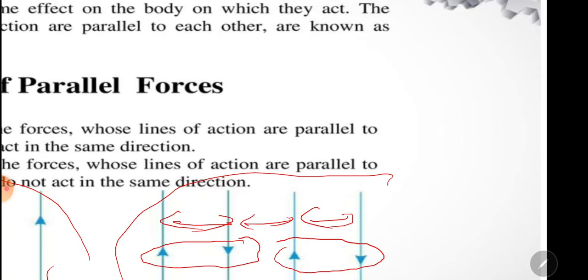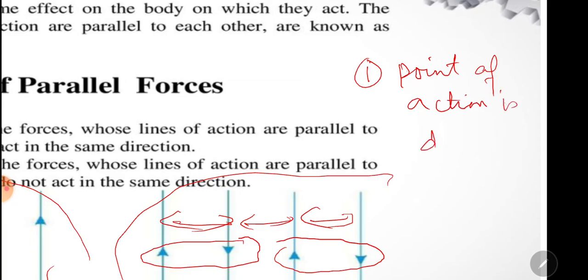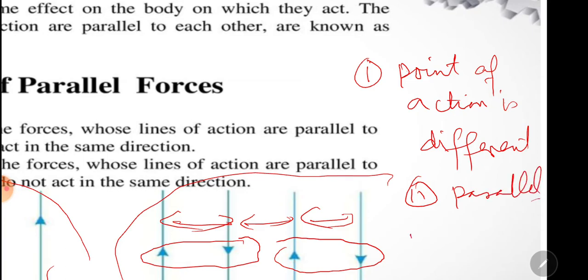So in unlike parallel forces, the point of action is different, the lines of action are parallel, and the direction is opposite.